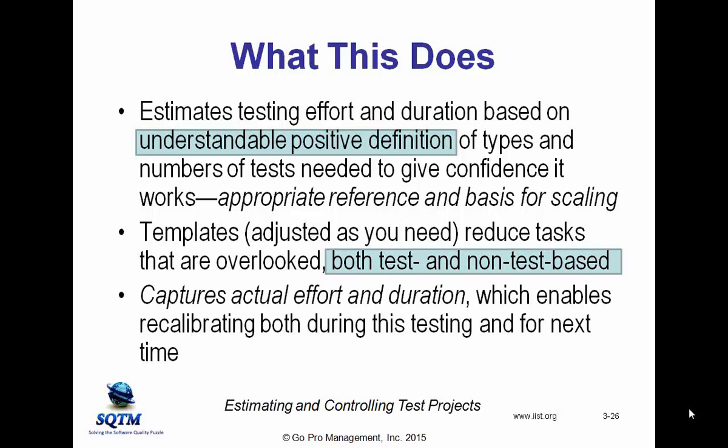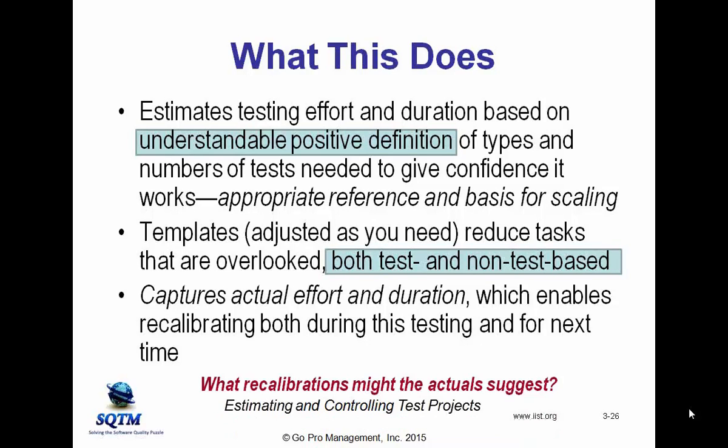And then it gives us a basis for capturing the actuals in a more granular manner so that we can better tell where our estimates are on target, where they are not, and we can guide suitable adjustments, and we can do that early as we're going forward rather than having to find out at the end how much trouble we're in.